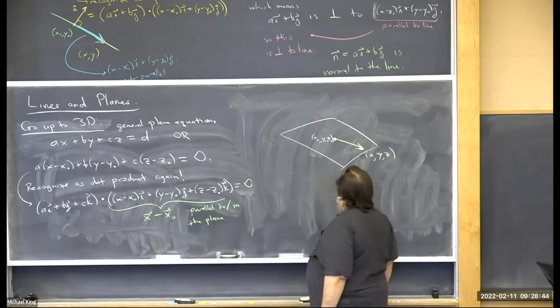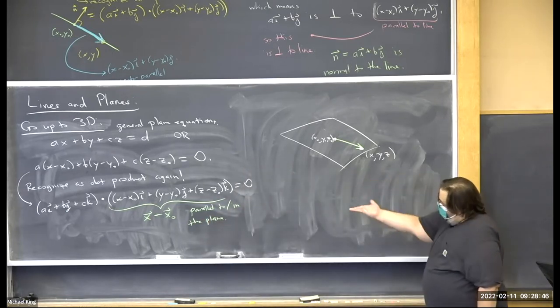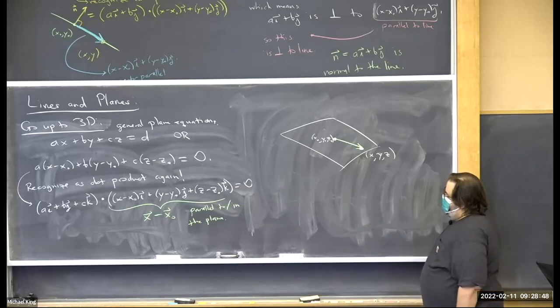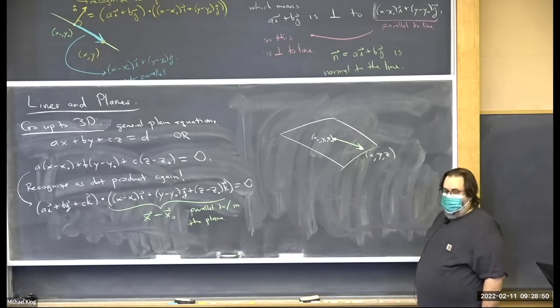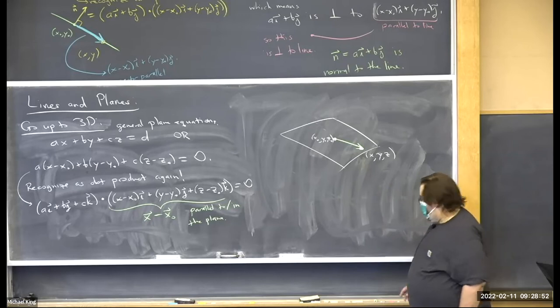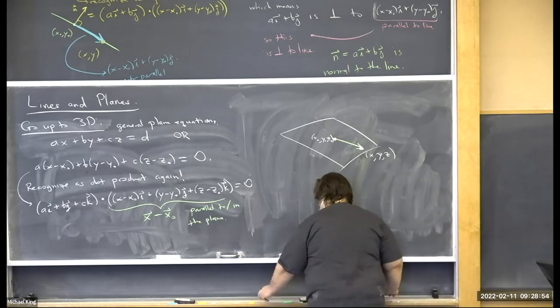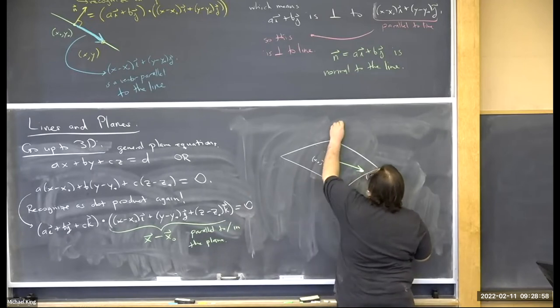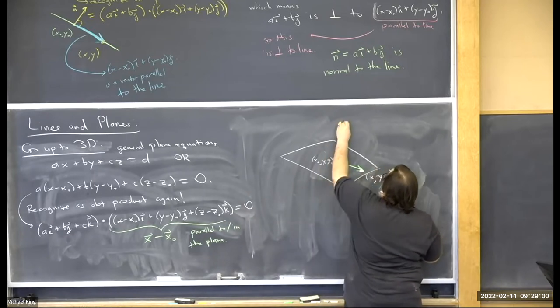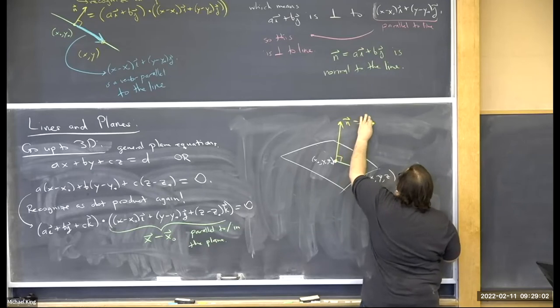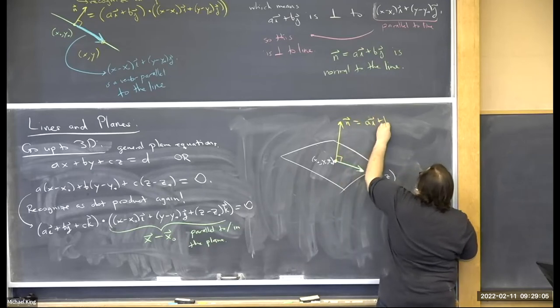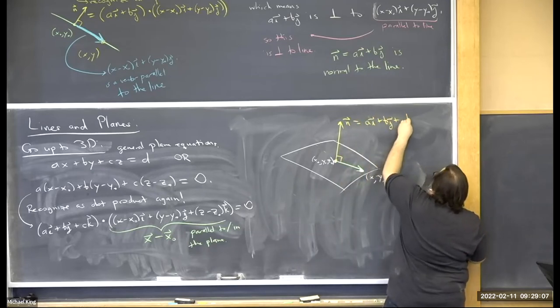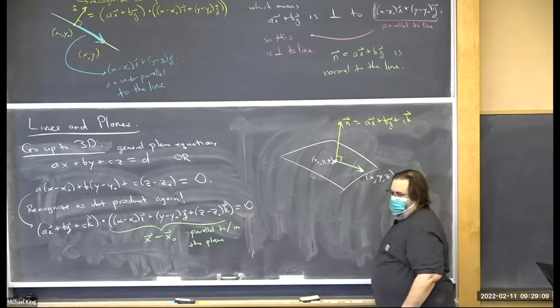And now what this equation is saying is that the vector ai plus bj plus ck is perpendicular to this vector in the plane. So we have this vector shooting off here, perpendicular, n, which is given by the coefficients. So this is n.